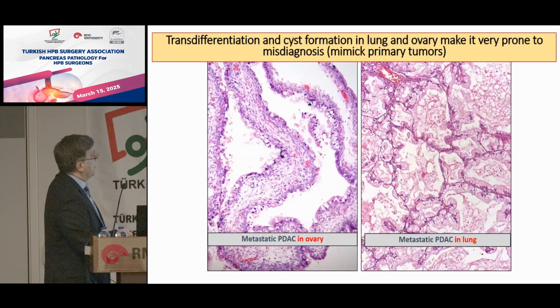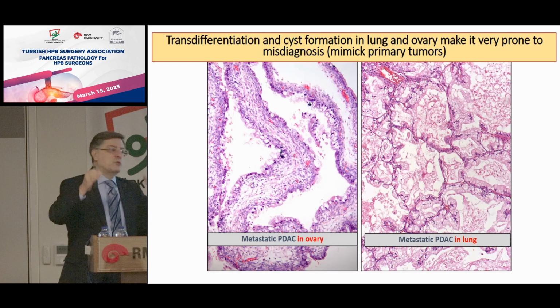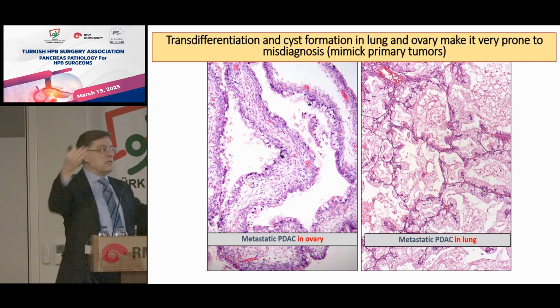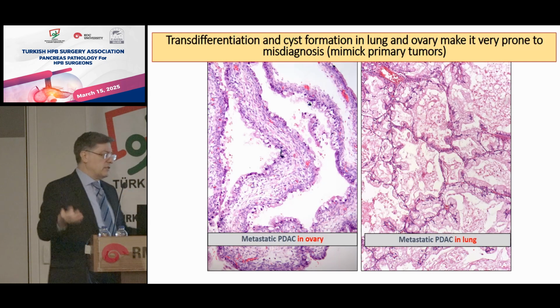By the way, this ability to line things and just spread through surfaces also manifests when they metastasize to other organs. A metastatic PDAC in ovary, please keep this in mind. I'm sure during your practice this will happen. Metastatic PDAC in ovaries are often misdiagnosed as primary mucinous cystadenoma, not even borderline, because they are so mature, they form these nice cysts, and we have a large collection of these cases, and there are many studies on this.